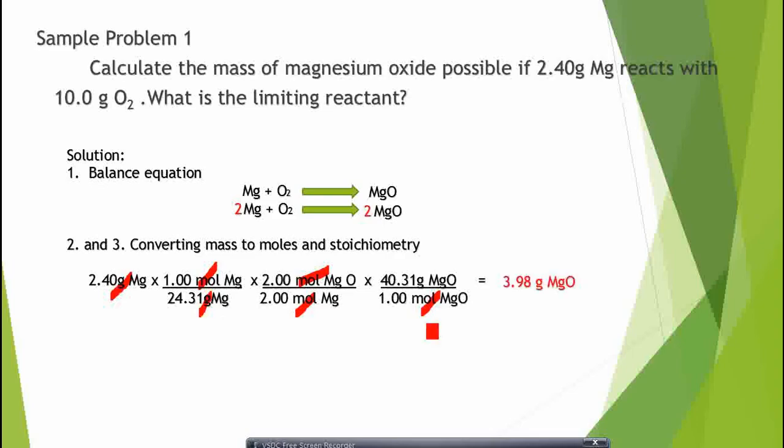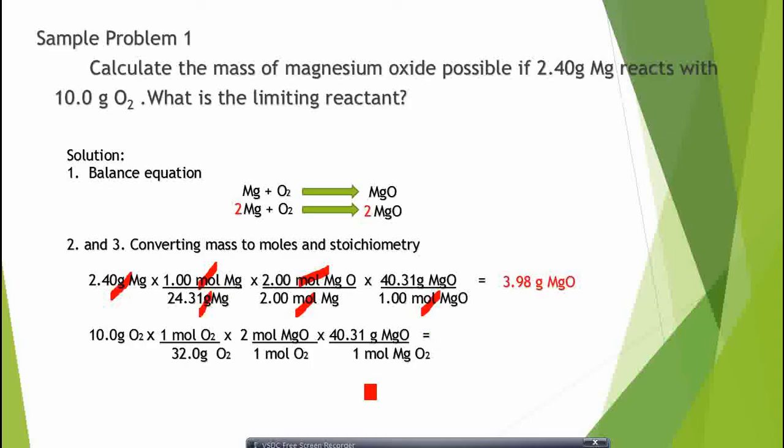grams of magnesium oxide. Next, we have 10 grams of oxygen times 1 mole of oxygen. This is found in the reactant. We have 1 mole of oxygen divided by 32 grams of oxygen. The 32 grams of oxygen is the molecular weight of oxygen: 16 times 2 equals 32.